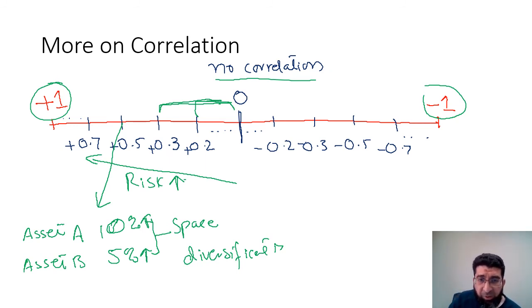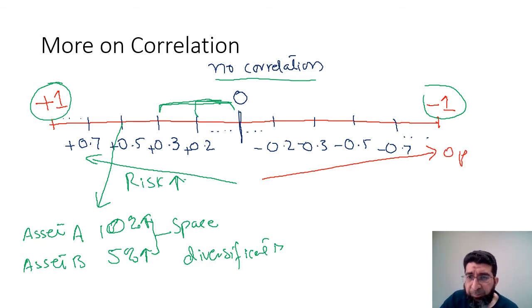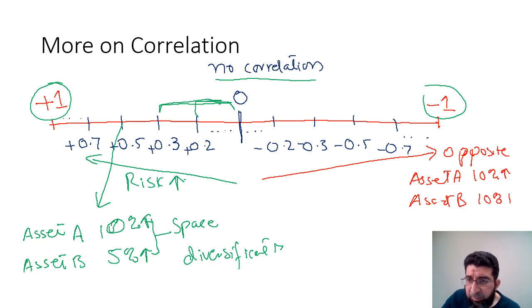Now you can see on the other side, on the negative side, when we move towards -1, the two assets are exactly opposite and moving in the opposite direction. So if asset A increases by 10%, asset B or stock B will decrease by 10%.